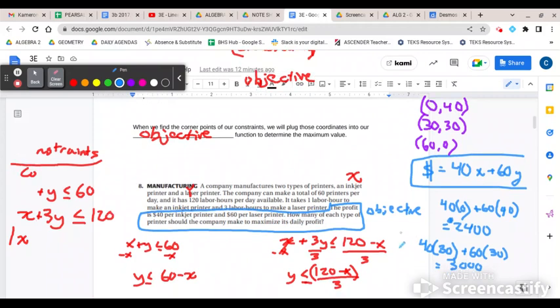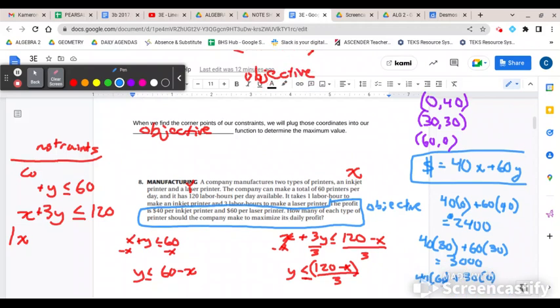Then our last max point, 60, 0. So 40 times 60 plus 60 times 0. 40 times 60 is 2,400 plus 0 is 2,400.